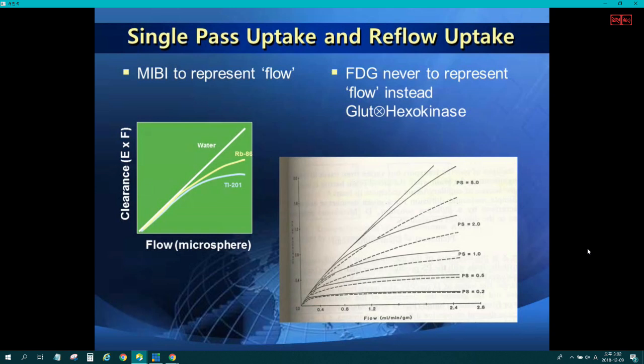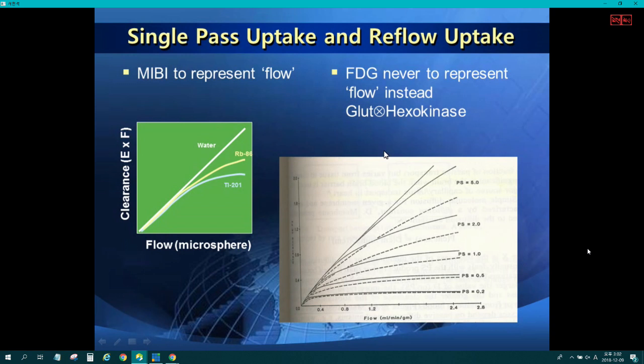But in case of FDG, we inject, and the extraction, the permeability surface product, is 10%. That's physiology related. Still, I had never approached the radiopharmaceutical this way. It looks like physics, but it's just a simple fact.